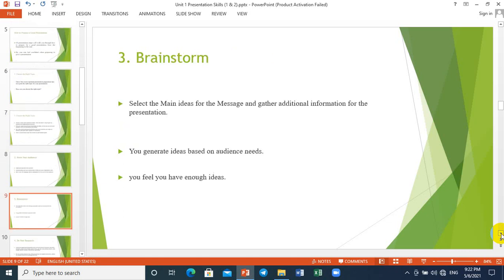Step 3. Brainstorm. Select the main idea for the message and gather additional information for the presentation. You generate ideas based on the audience's needs.